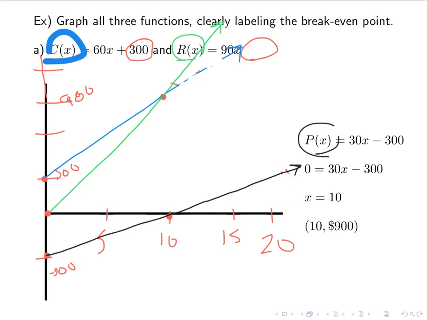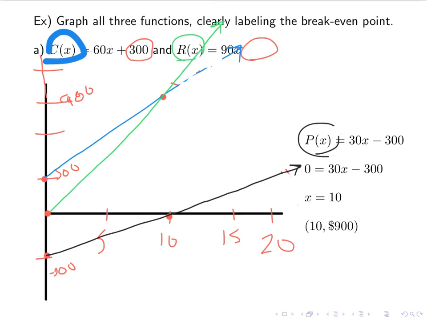So we've got our profit below the x-axis whenever the cost is on top of the revenue. As soon as the cost and revenue are equal, the blue and green lines intersect, that is where the profit is 0. As soon as the revenue is more than the cost, or the green line is above the blue line, then the profit is positive, and we've got our black line above the x-axis.